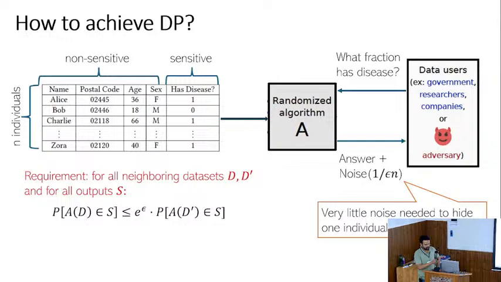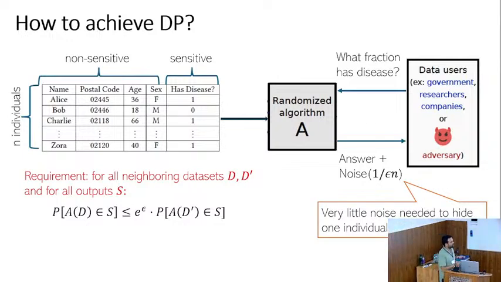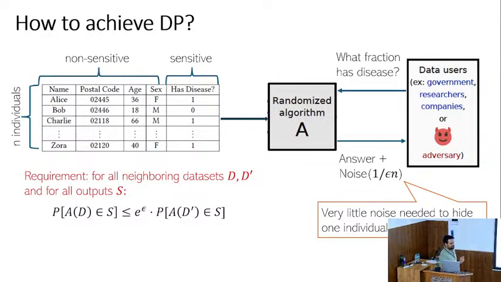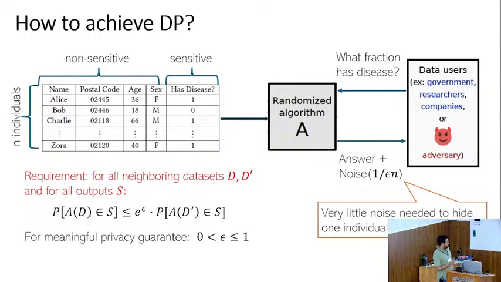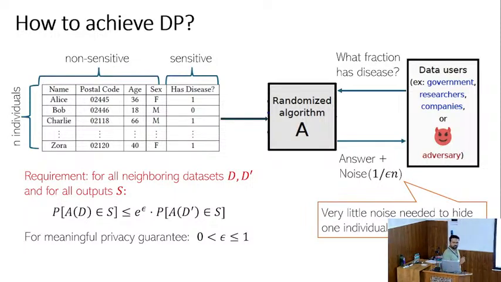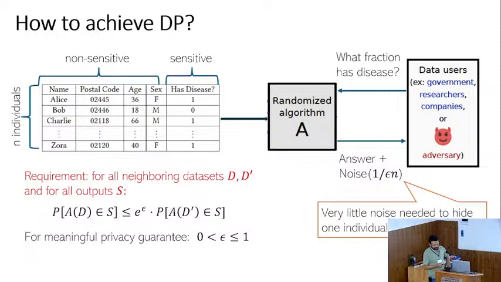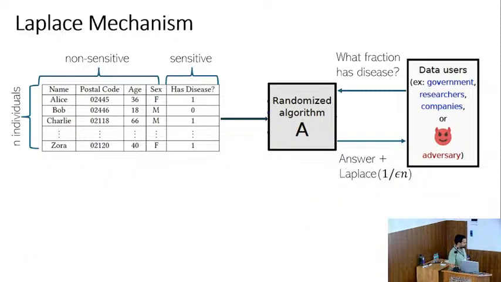Depending on the query, the algorithm will add a sufficient amount of noise. And obviously we discussed that for a meaningful privacy guarantee we need epsilon to be small enough. Think about epsilon less than or equal to 1.